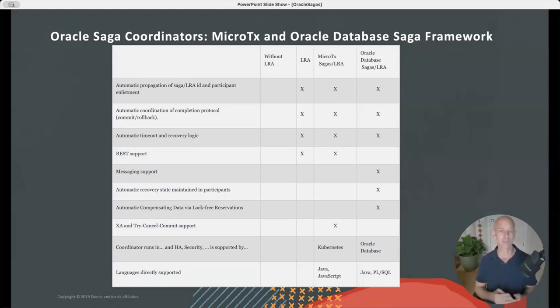Okay. So some of the big differences I'll just mention real quickly. And again, this is the way things stand now. There are features being developed for both of these, but as it stands, MicroTX is deployed in Kubernetes while the Oracle Database Saga is actually right in the database. MicroTX supports REST, which is in the LRA specification, but the Oracle database actually supports messaging.